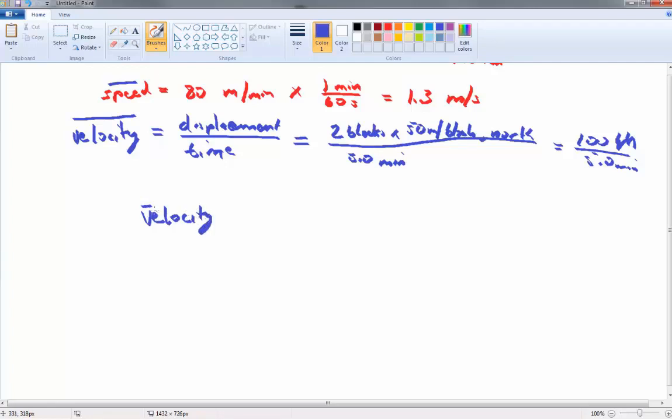So your average velocity here is 20 meters per minute, and then you can convert that again by multiplying through by 1 minute per 60 seconds. So 20 divided by 60 is a third, so you'd end up with 0.33 meters per second. Doggone traffic.